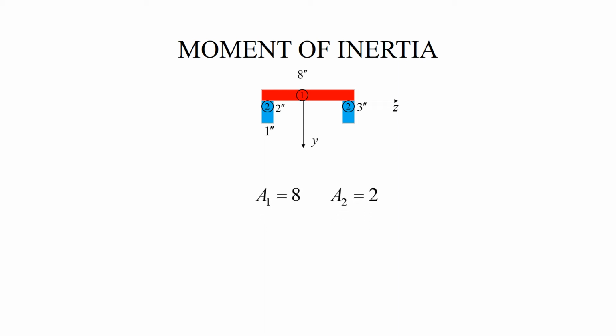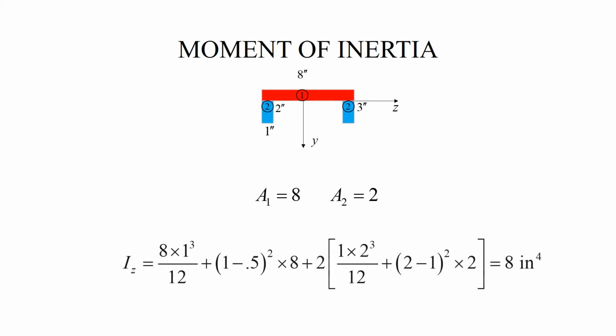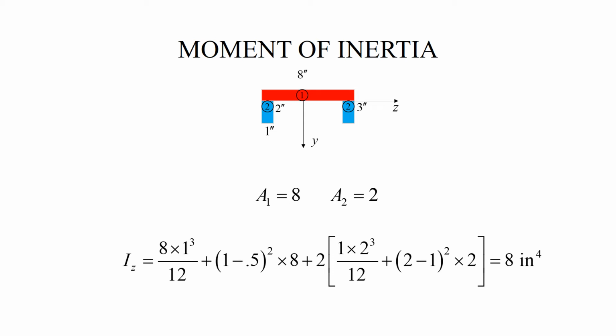My next step is to compute the moment of inertia. So now I use Y and Z axes that are associated with the centroid of the entire cross section. I record the areas, 8 for the flange and 2 for a single web. And here comes the parallel axis theorem.